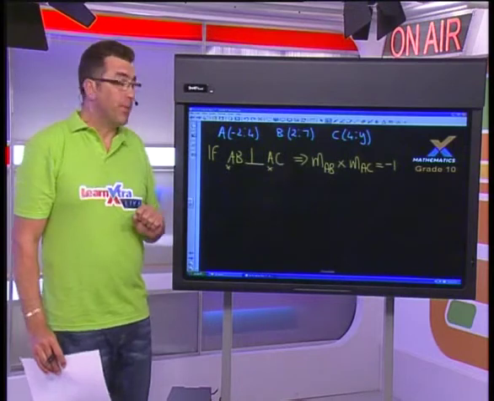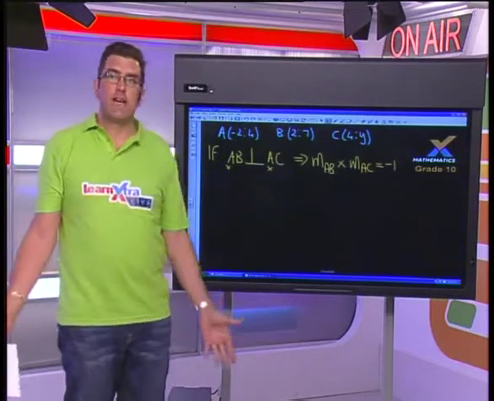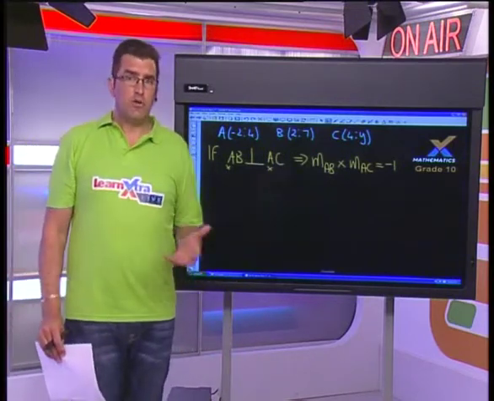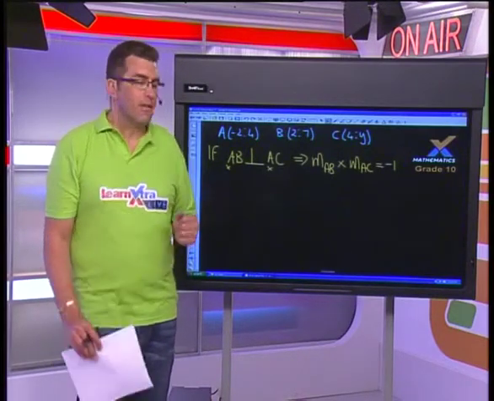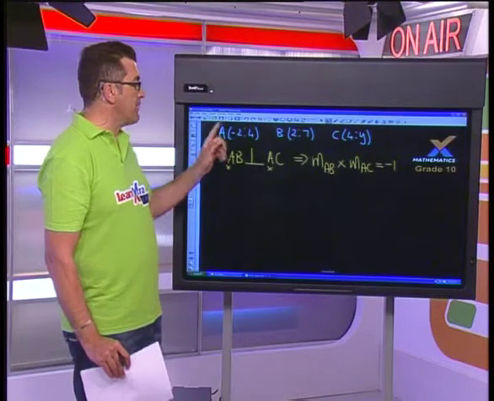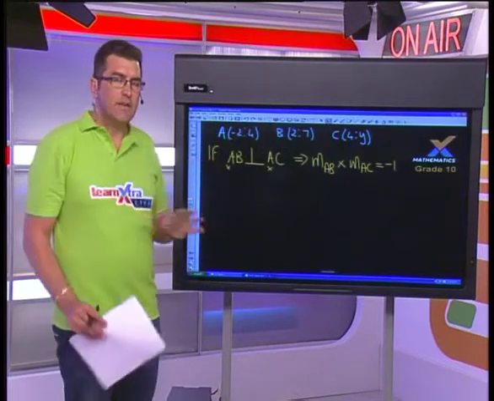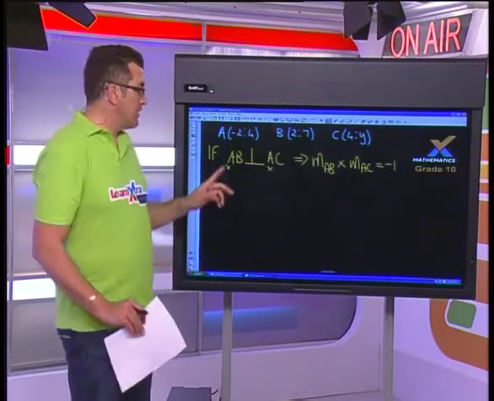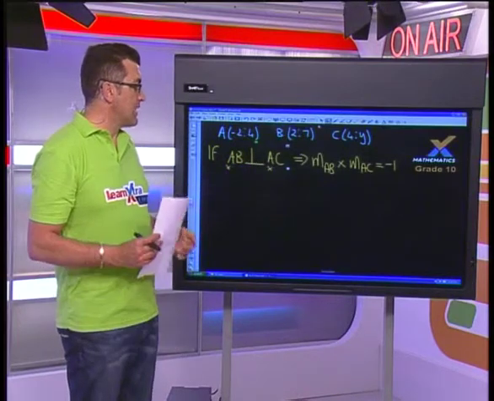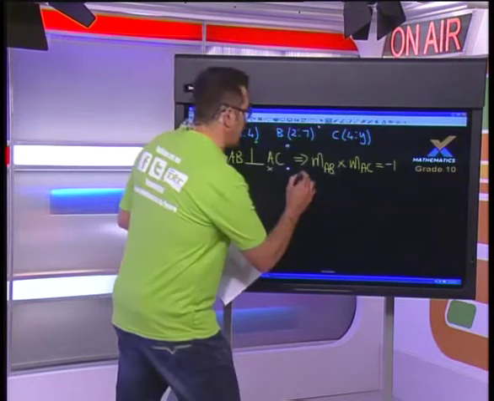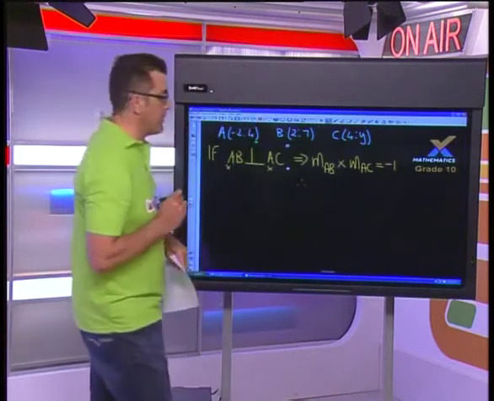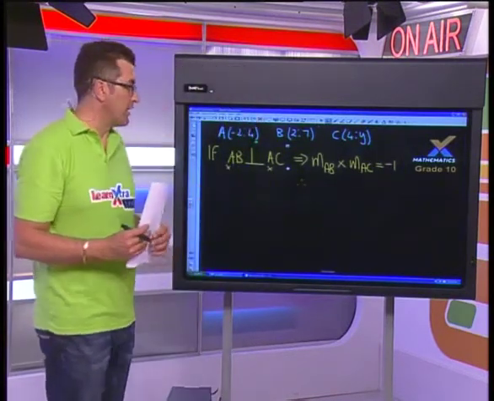If they go beyond that and they ask you, where's the right angle? There's no need for you to go and work out all three gradients and then decide. By that I mean find the gradient of AB and then BC and then AC and see what the relationship is. You can see which vertex has been shared. And that's most probably where your gradient is going to be perpendicular. Your right angle will lie there.